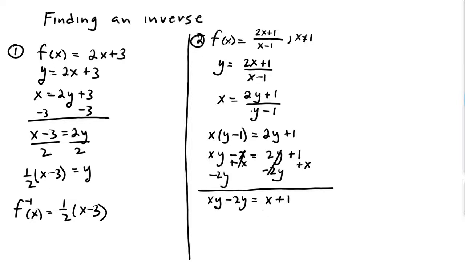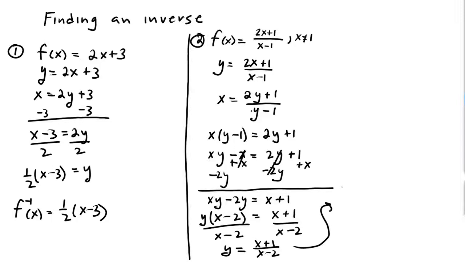So to solve for y, I need to factor the y out. Okay, and then I need to divide both sides by x minus 2. So I end up here with y equals x plus 1 over x minus 2.